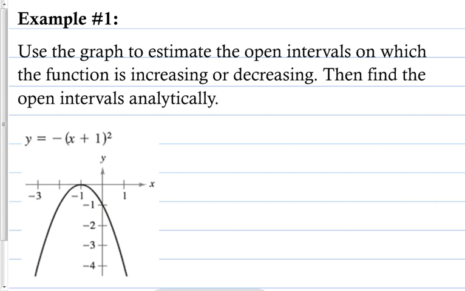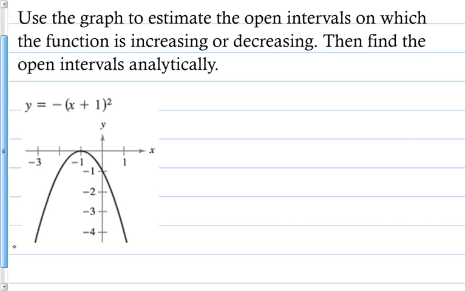Okay, so this function here is an upside down parabola. The domain of this function, which means all the possible x values, is from negative infinity all the way to positive infinity. These are the x values.